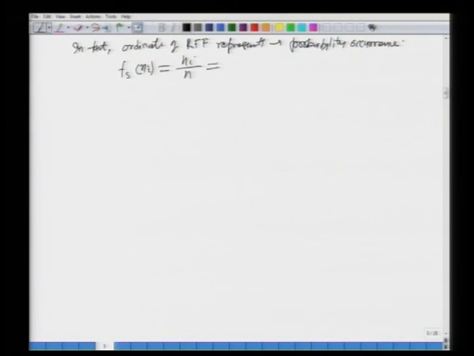Mathematically, we can define it as the probability of your random variable having a value between a certain range. What is that range? The upper limit is, let us say, x_i, and if the class interval is delta x, the lower limit is going to be x_i minus delta x.